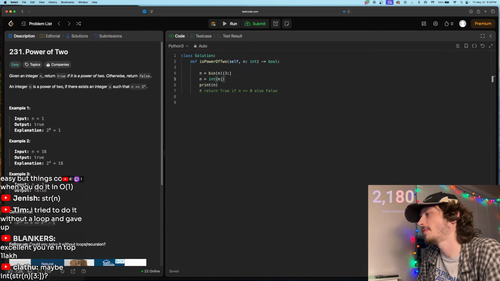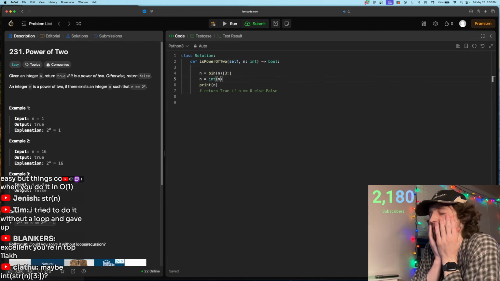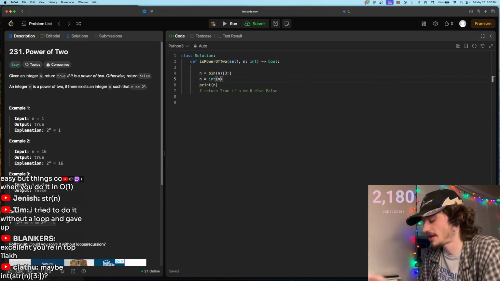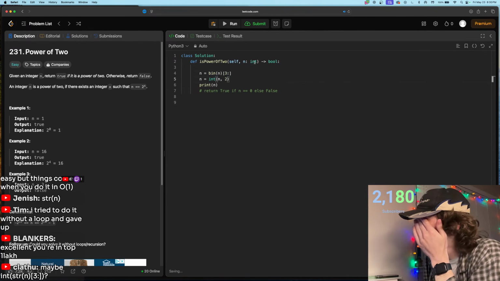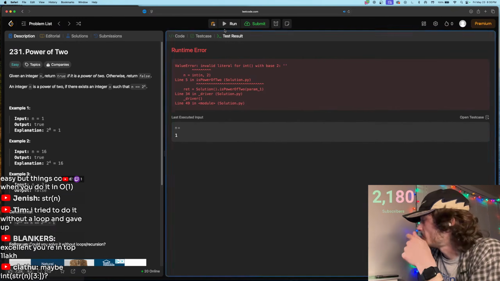Oh, I remember right. I remember this from a past LeetCode problem. Remember that the int function has an additional parameter of a base you can provide. It's in my notes here.